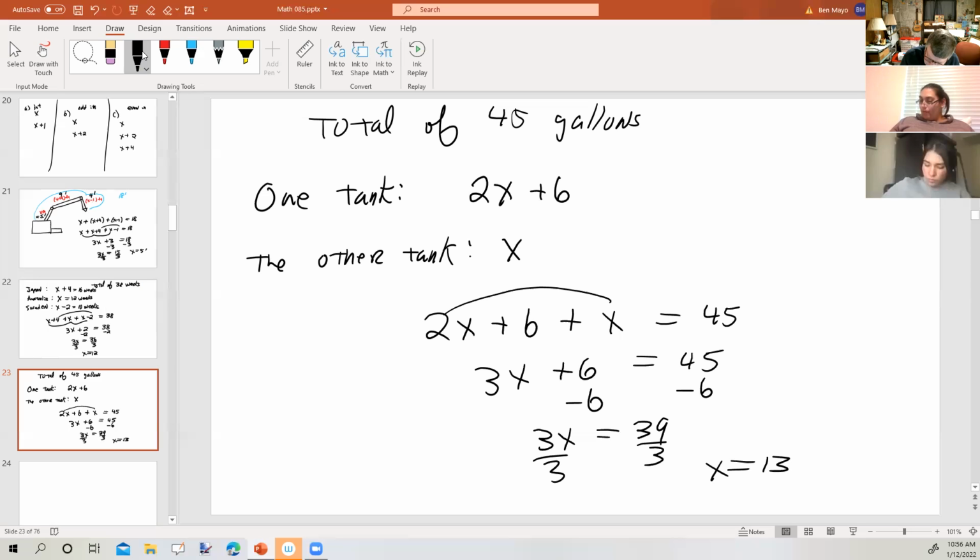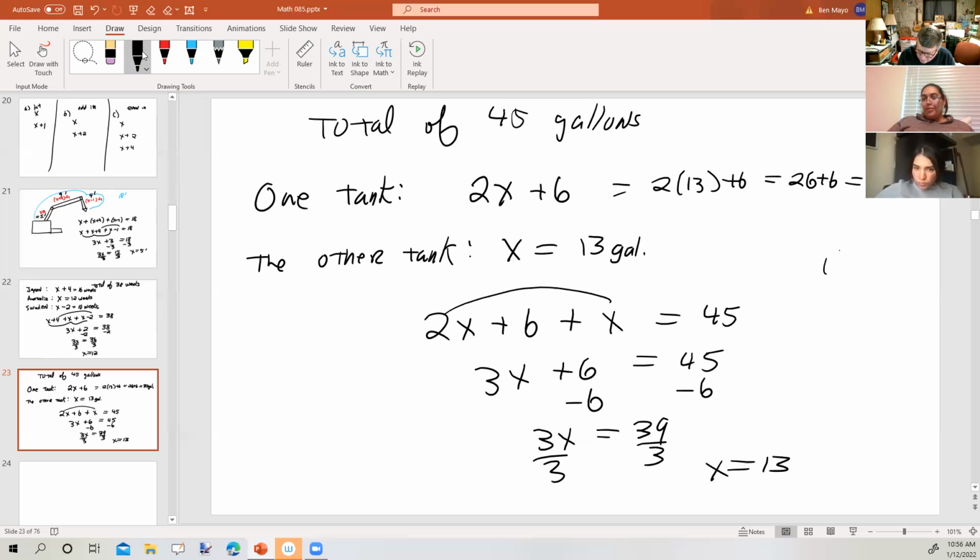If x is 13, the other tank is 13 gallons. 2x plus 6 would be 2 times 13 plus 6, which is 26 plus 6, which is 32 gallons. Check our work. 13 gallons plus 32 gallons equals 45 gallons, so it checks. All righty. We good to go on?